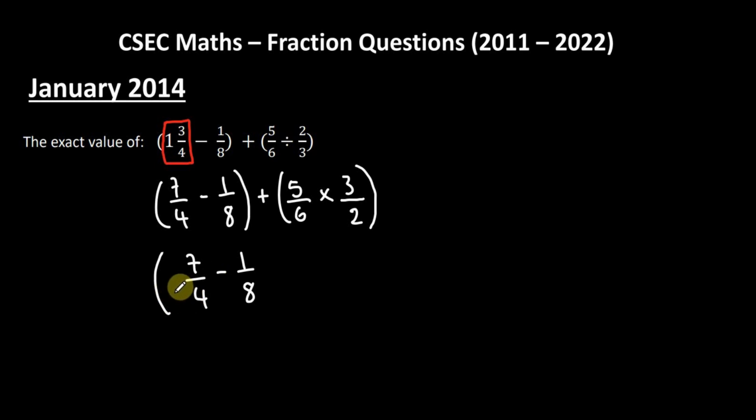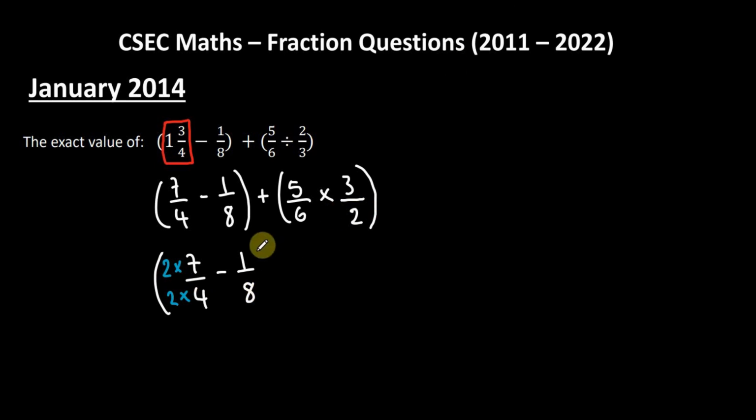I can ask myself, which number can I multiply 4 by to get 8? There you go, that's 2. So I can multiply the denominator by 2. And whatever I multiply the denominator by to get the common denominator, I have to multiply the numerator by that same number. That way, we can end up with an equivalent fraction.